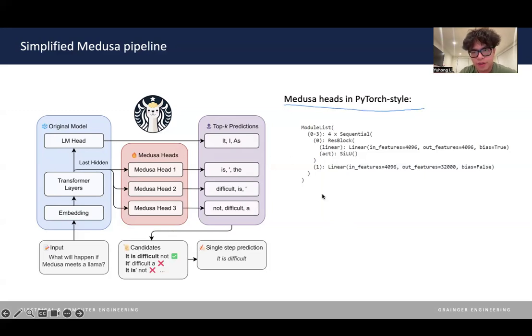And the Medusa heads are pretty simple. We have 3 different heads, and each head has a ResBlock and one linear block.